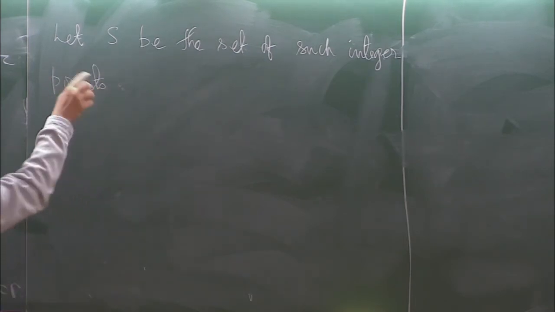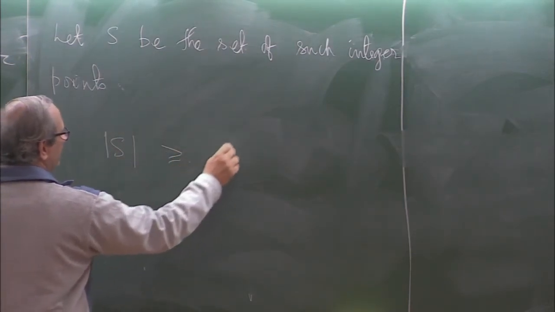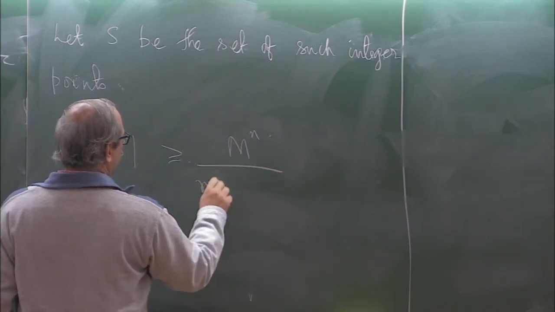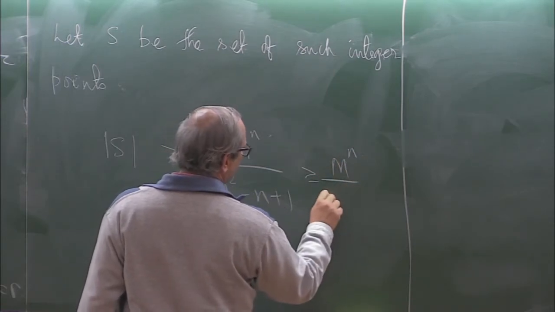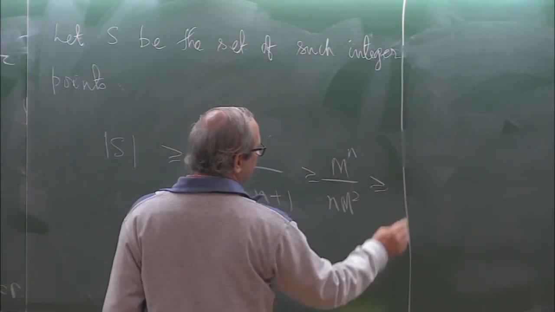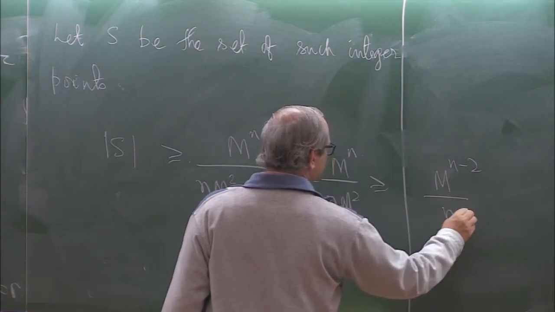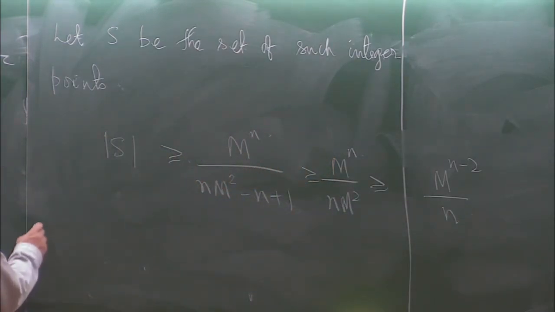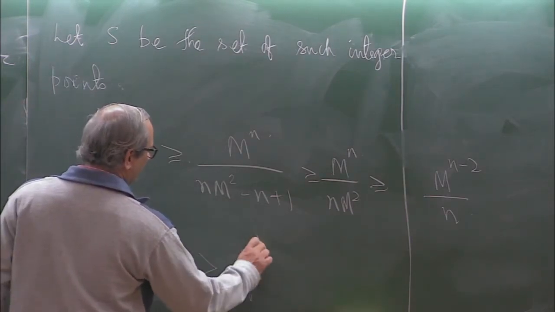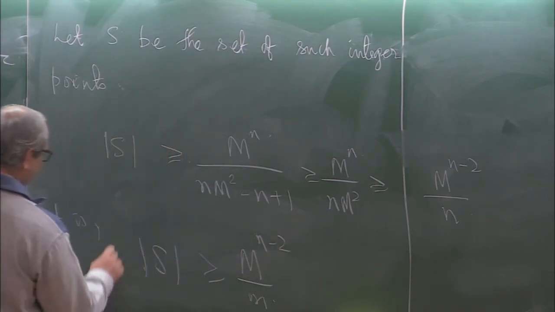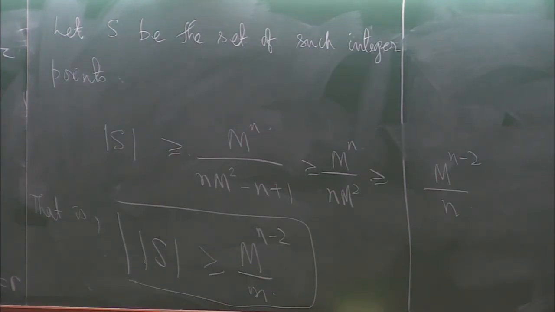What I mean by this slightly vague statement is that the cardinality of S is greater than m to the n by n m squared minus n plus 1, which is greater than m to the n by n m squared, which is greater than m to the power of n minus 2 by n. So the cardinality of S is bigger than m to the power of n minus 2 by n. This is one thing that you'll remember. Any mistake?